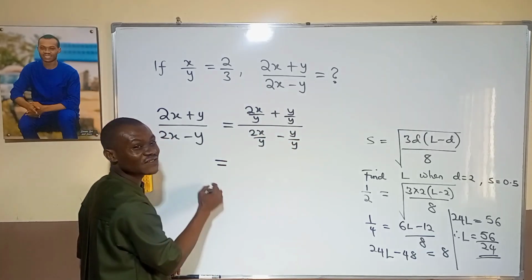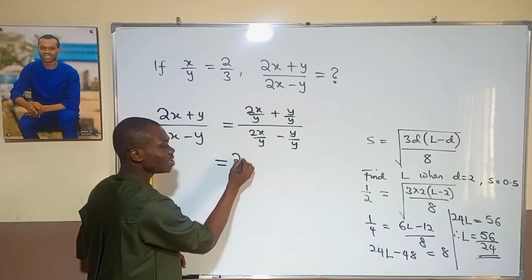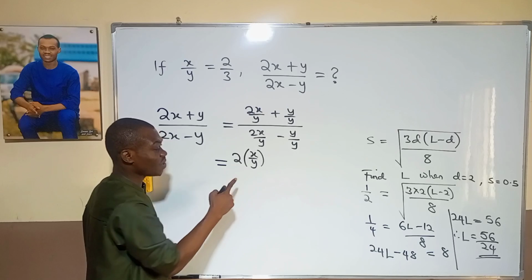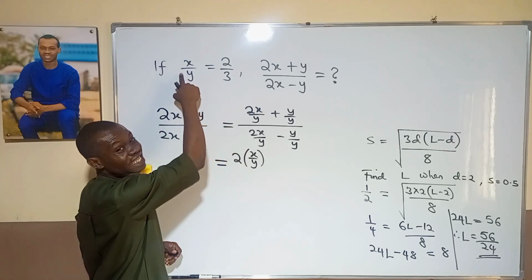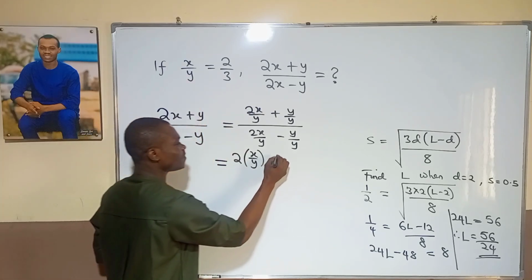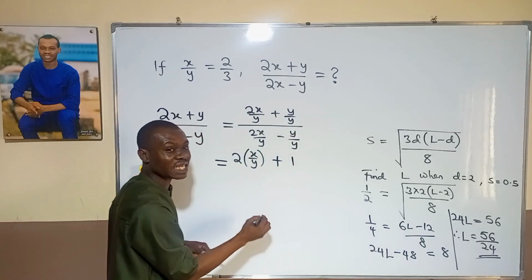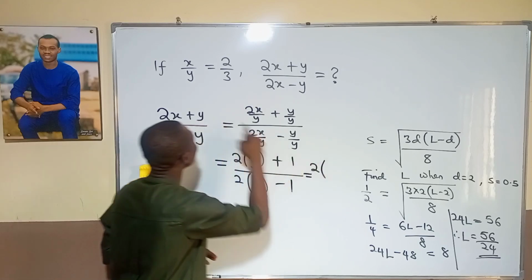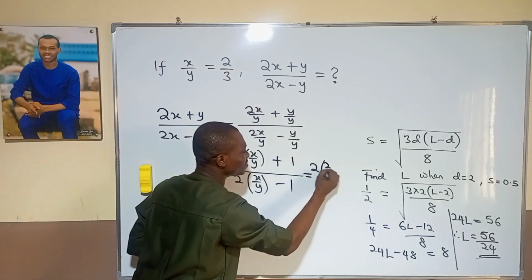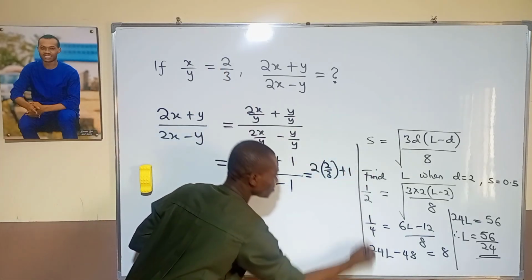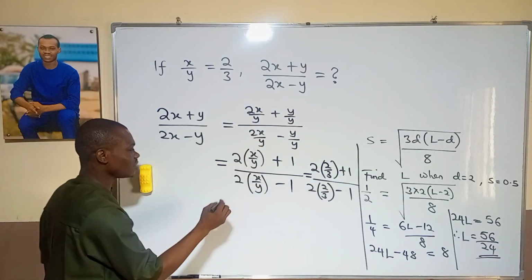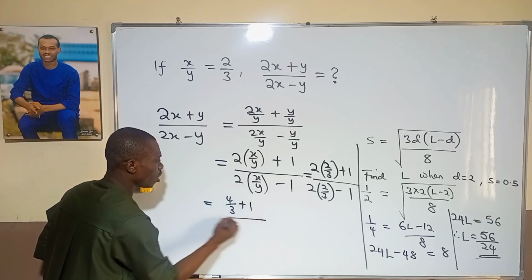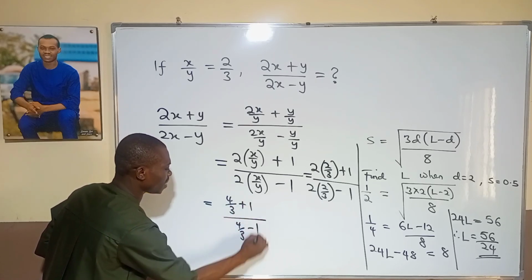And so this one will now be 2 multiplying x over y. I hope you know that this and this are the same. Yes, but why did I split it this way? So that I can get this clearly out. Then plus, what is y over y? 1. And that is over, so make your substitution. What is our x over y? 2 over 3. So the numerator is going to become 4 over 3 plus 1, all over 4 over 3 minus 1.